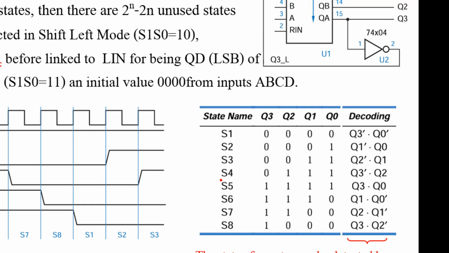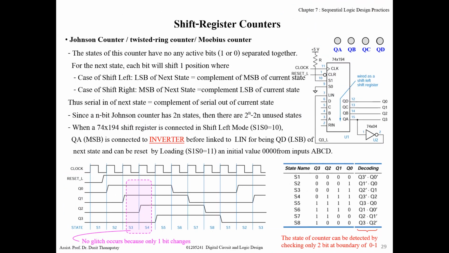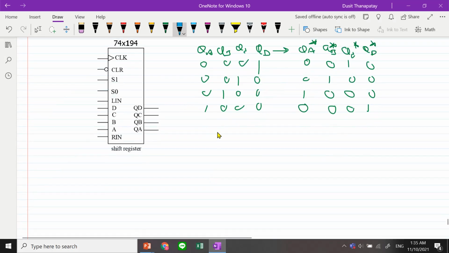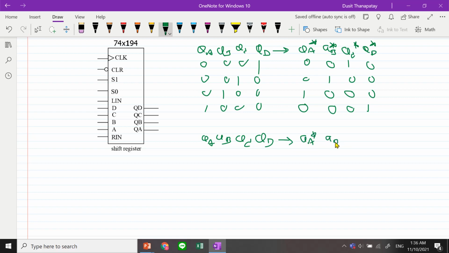Okay, and now how to design this. Let's try to design this one. Let's start from QA, QB, QC, QD, changing to QA star, QB star, QC star, and QD star.